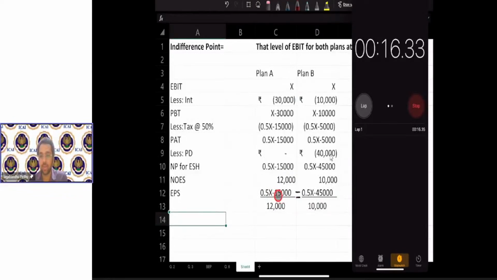Try to calculate the value of X by equating both the terms.